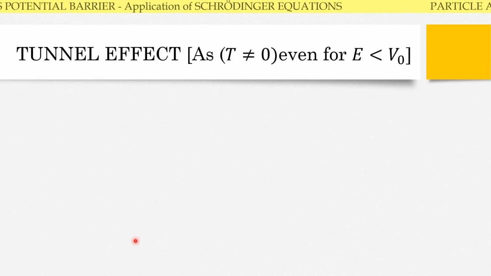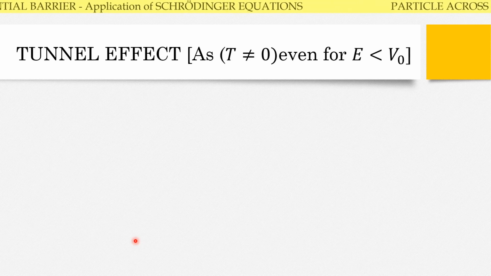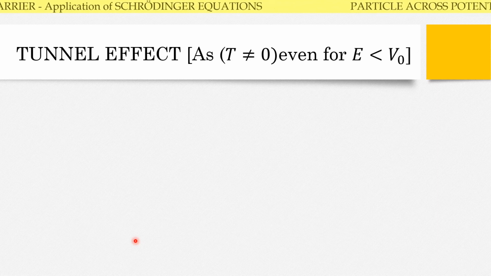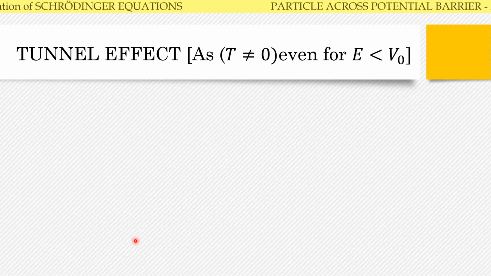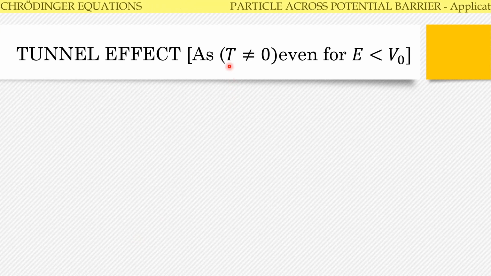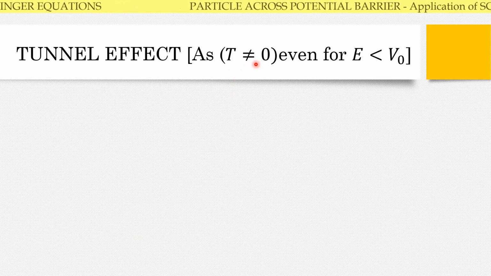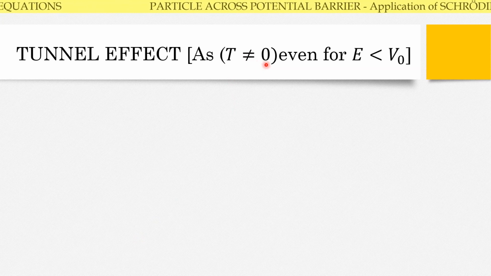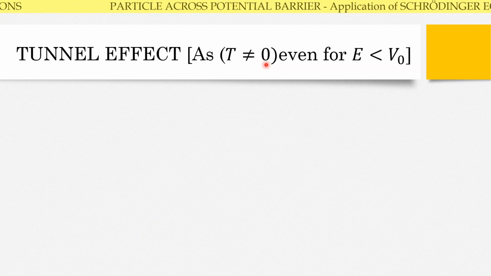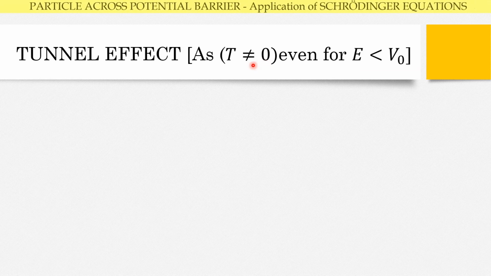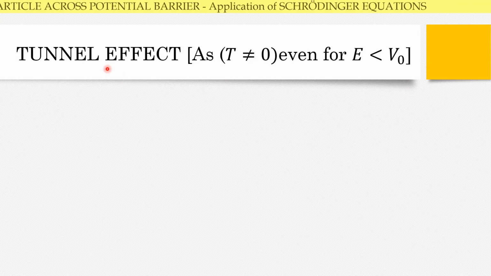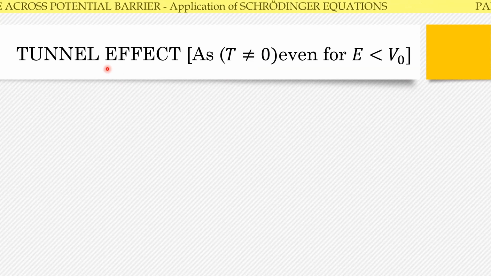But following the postulates of quantum mechanics, we solved the Schrodinger equation and arrived at the result that the transmission coefficient does not become 0. So this result is a straight contradiction to classical mechanics, and this effect is popularly known as the tunnel effect.